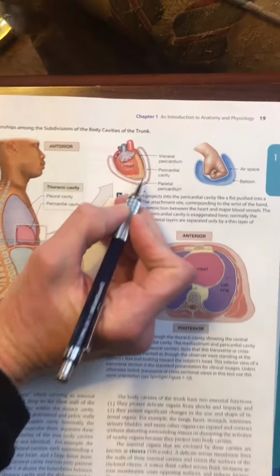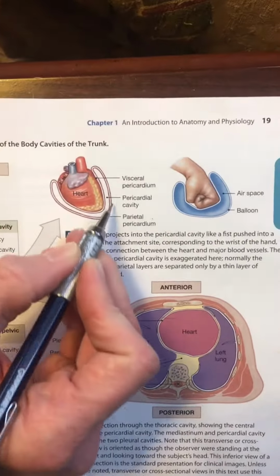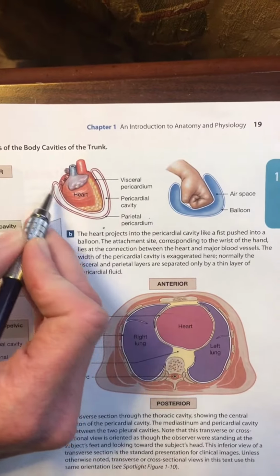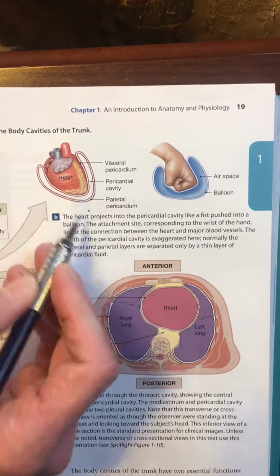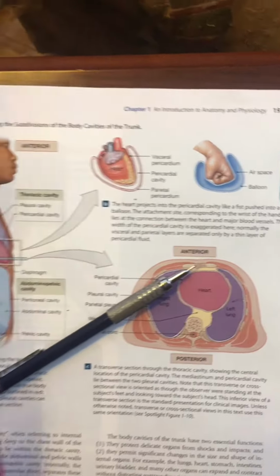This is greatly exaggerated, but the pericardium is an example of a serous membrane. Just like this bag, you've got one part of it that's close to my hand, and if my hand is an organ, that part that's close to my hand is called the visceral part of this membrane. The external side would be called the parietal part.